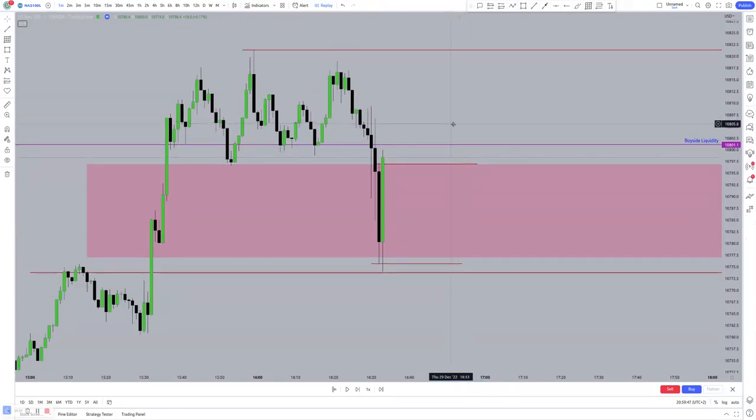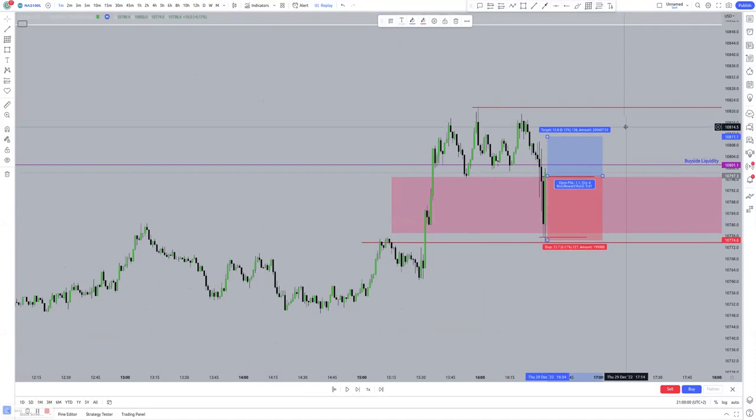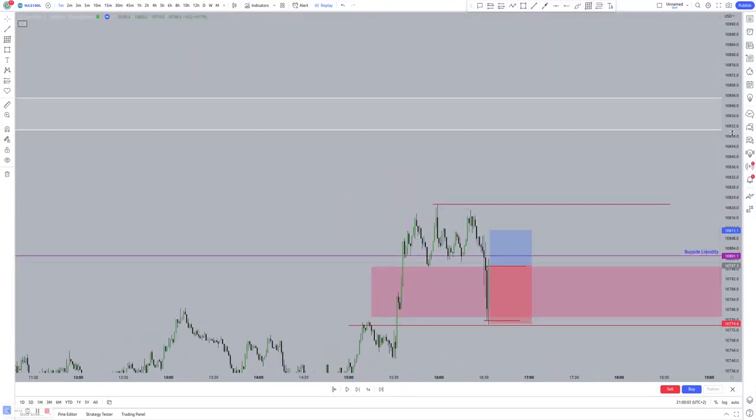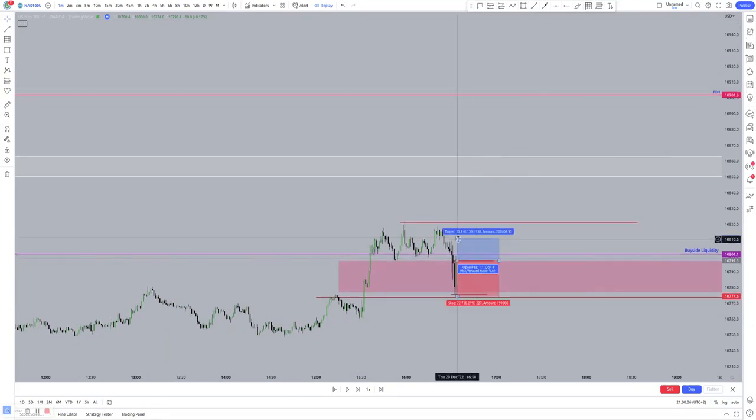Okay, so now I had my buy stop right here, and my stop loss was below here, and my target was right here. Not this, not the buy side liquidity.